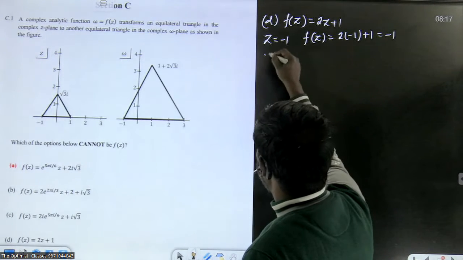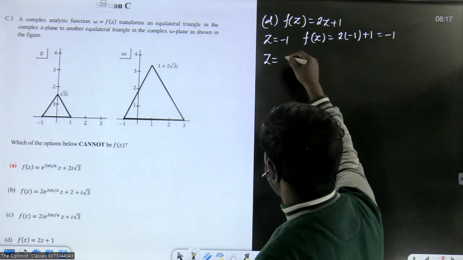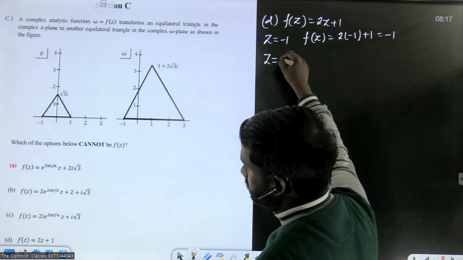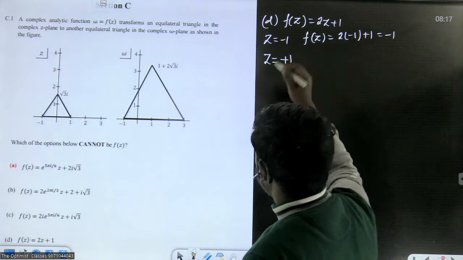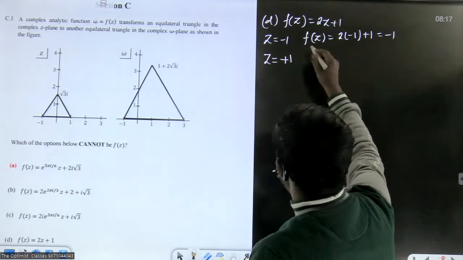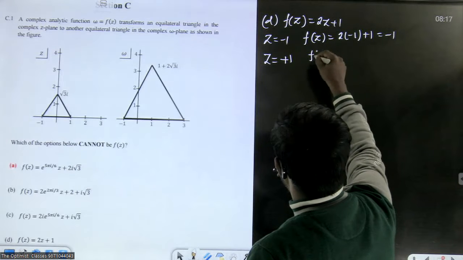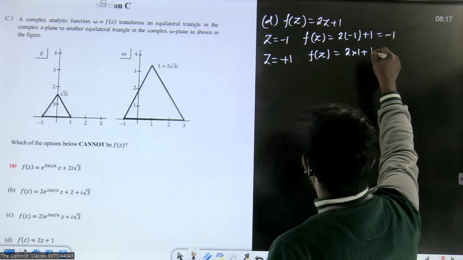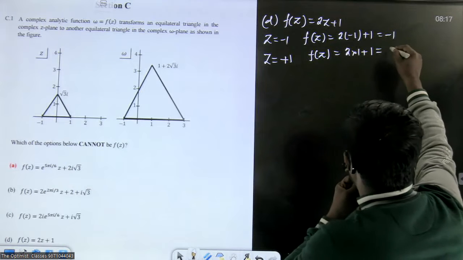Okay. Now, suppose we put z equal to +1, this one. Then we get f(z) equal to 2 into 1 plus 1, so that is 3.